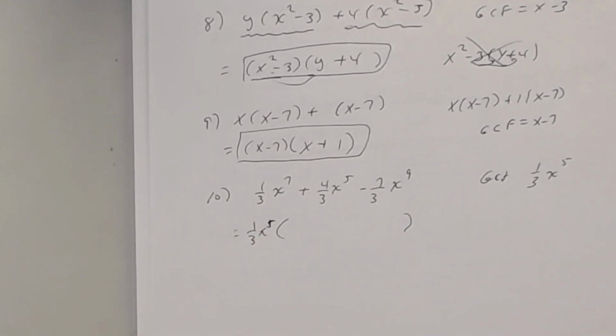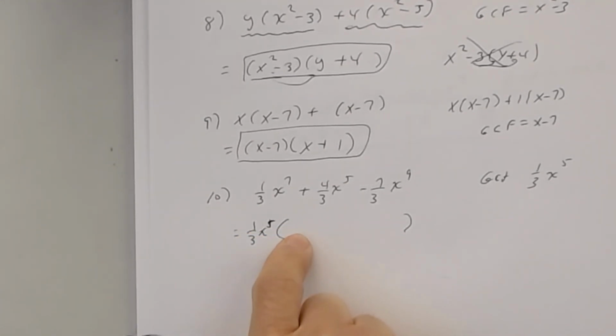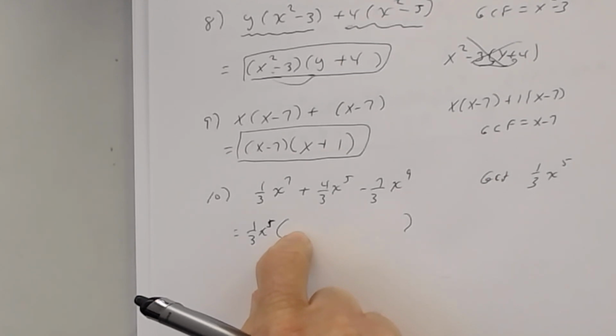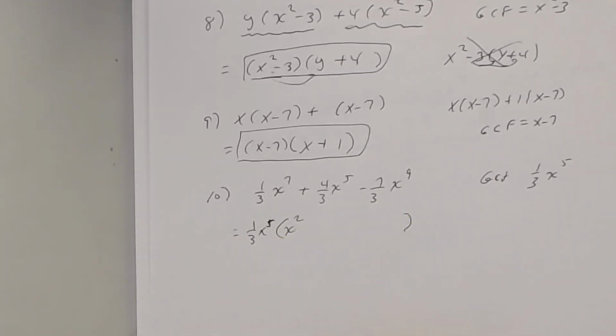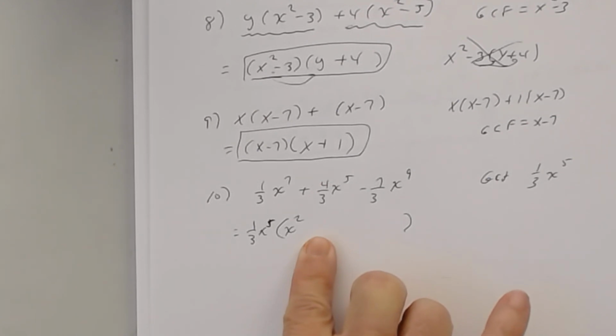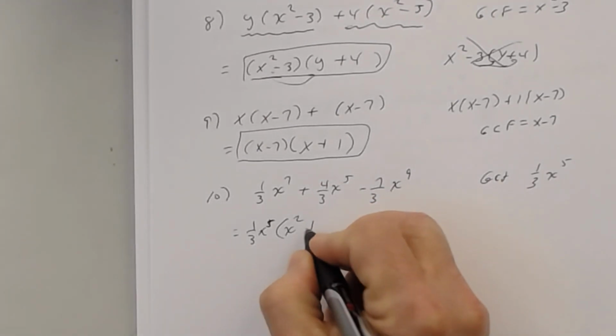Times, all right, now let's talk about what goes in here. 1/3 X to the 5th times what is 1/3 X to the 7th? X squared. Good. 1/3 X to the 5th times what is 4/3 X to the 5th? 4, right?